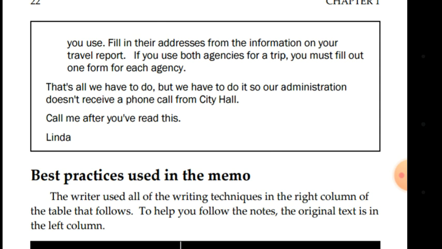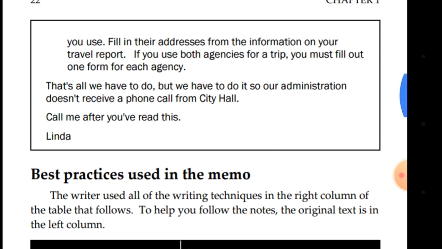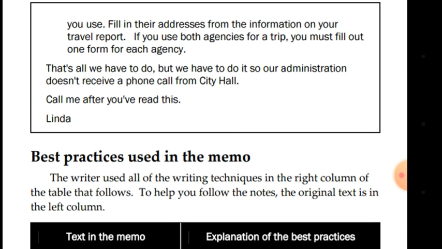So the writer states the fact that the reader must fill out a travel form for each agency because it is relevant here, even though he already stated that fact early in the memo. He repeated it again.